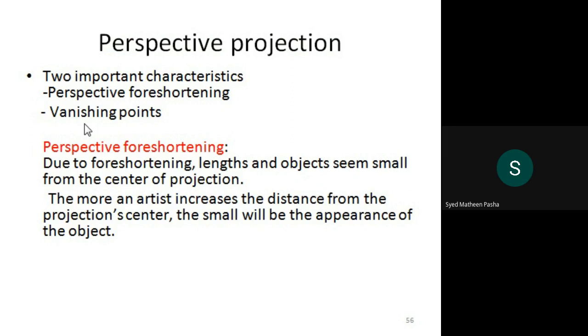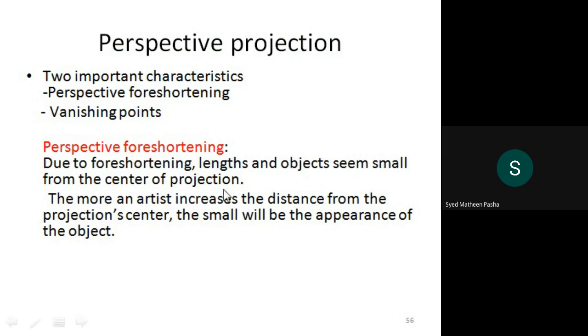Foreshortening shortens the length as well as the object size, so that the object is seen smaller by the user with the help of the center of projection.